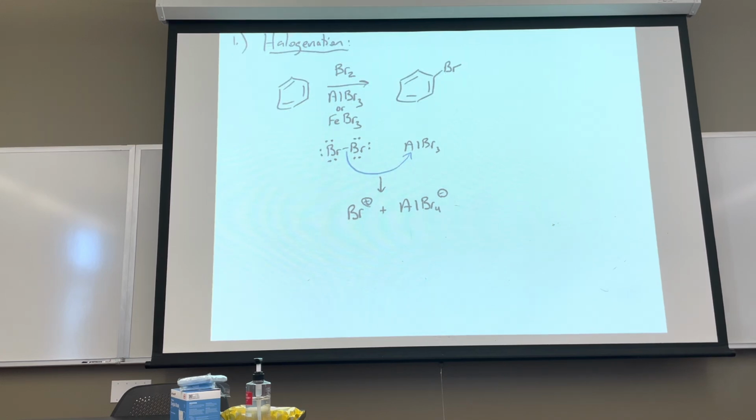And so, once you have that form, the mechanism is really simple. The electrons are going to go out of the ring, attack that. Let's go down here with this. That should make that high energy sigma complex.